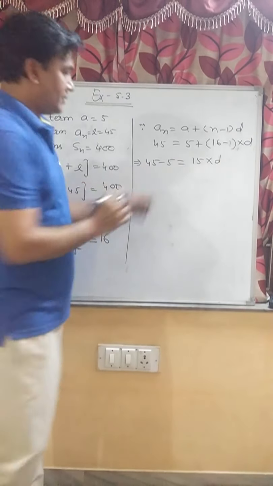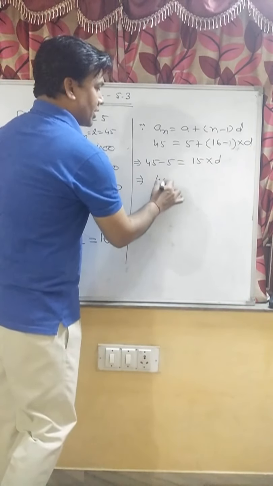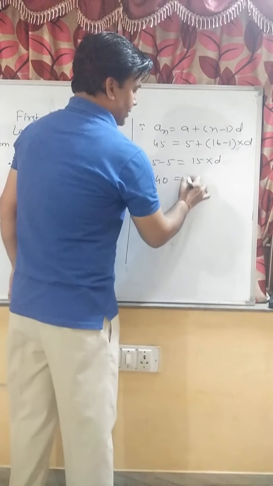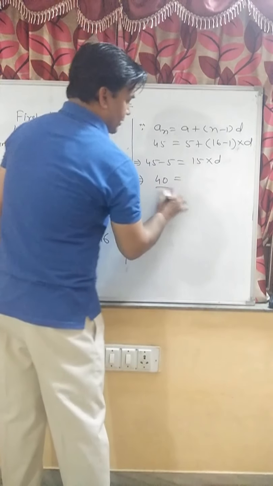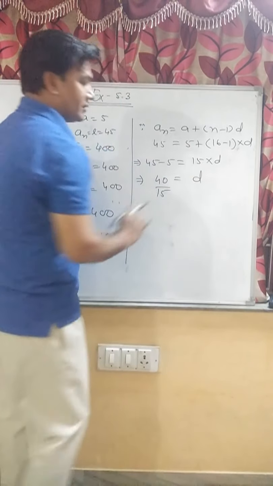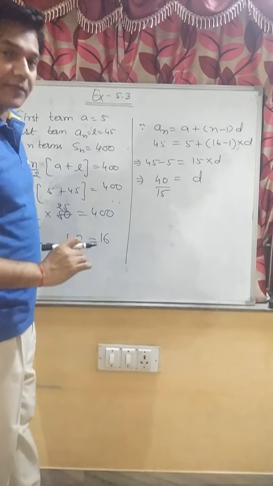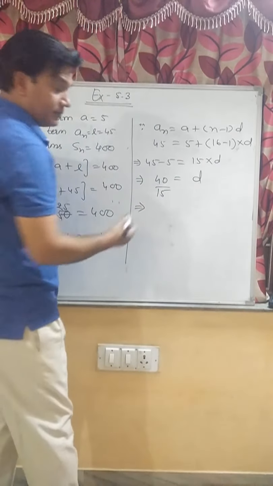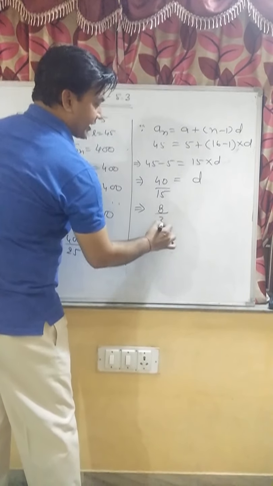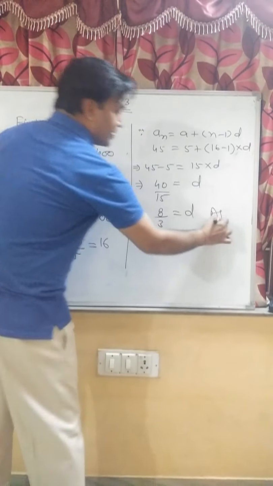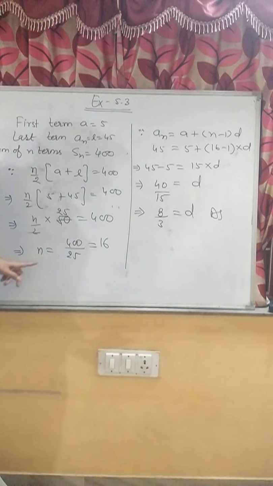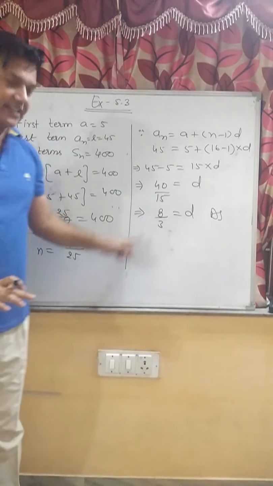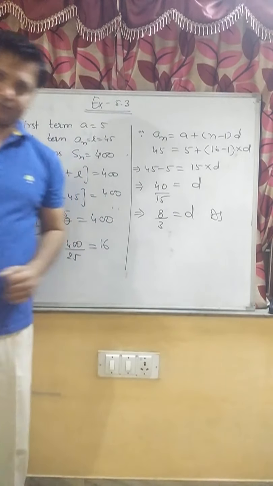So 40 equals 15d, dividing, d is 40 upon 15, cancelling with 5, 8 by 3. So these are the two answers: n is 16 and d is 8 by 3.